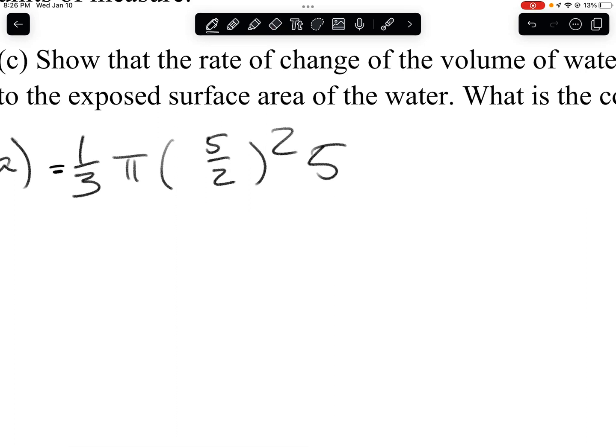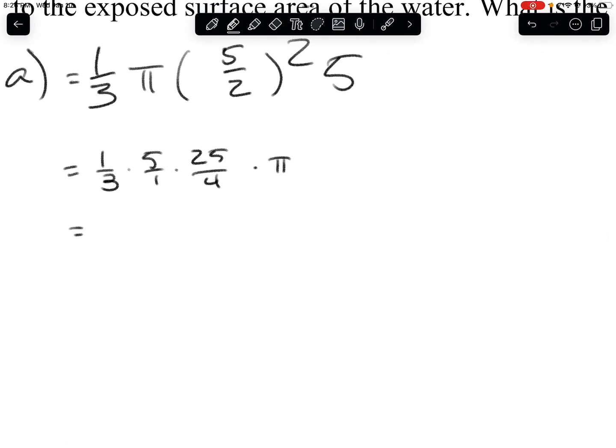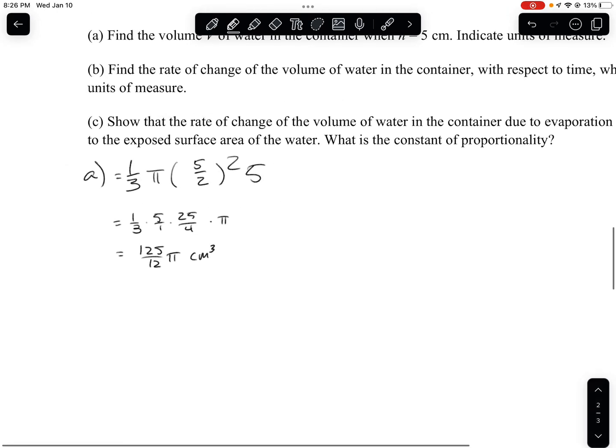Because what I'm going to get is 1/3 times 5/1 times 25/4 times pi. So this is just going to be 125/12 pi. Because it's in volume, I'm going to be in centimeters cubed.